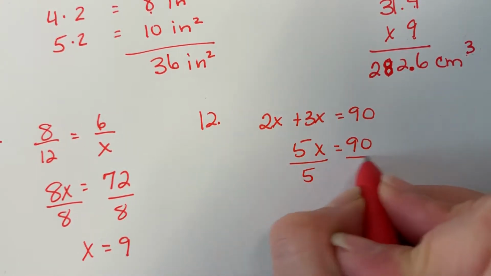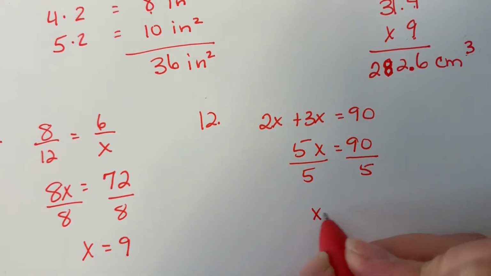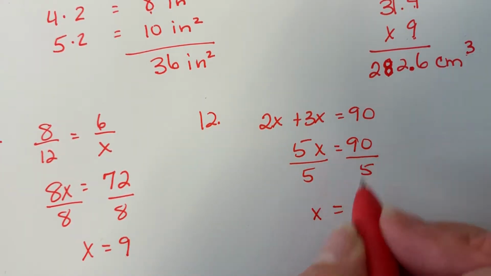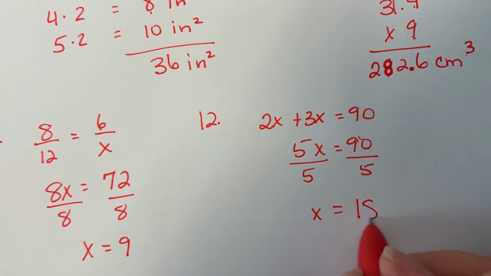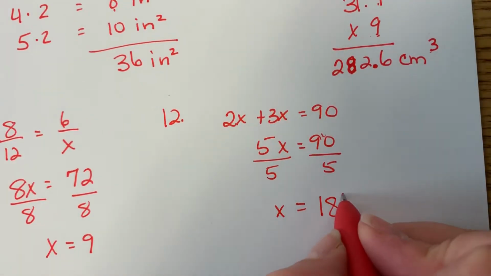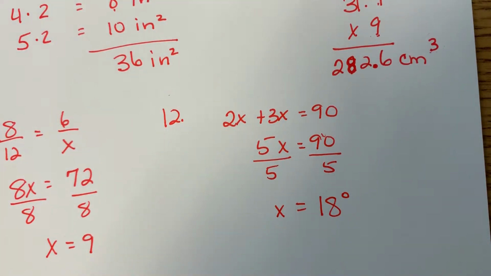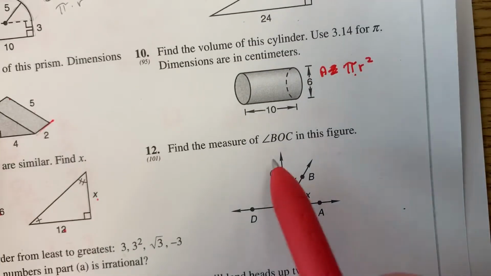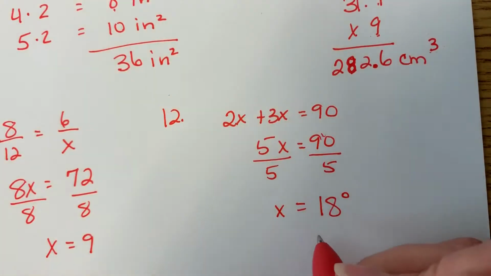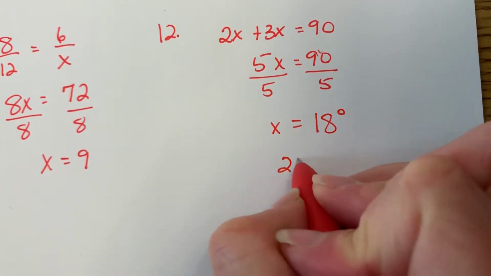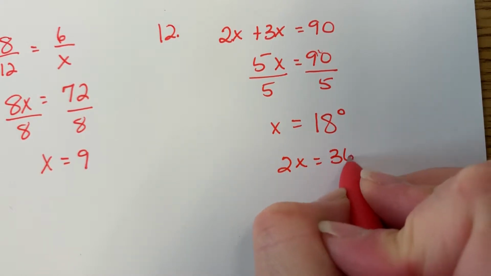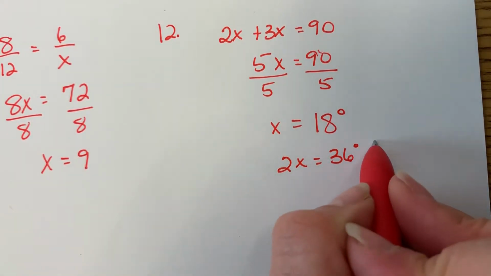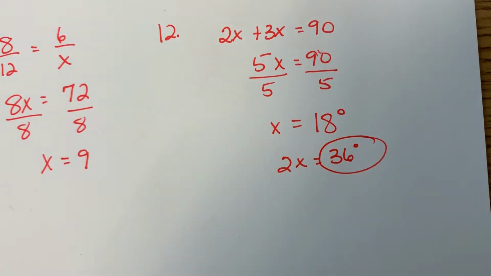Divide both sides by 5, and we get x equals 5 goes into 9 one time with 4 left over, 5 goes into 40 8 times. X is 18 degrees. Now, we're not just solving for x, we need this angle BOC. That's 2 times x. So we need to know what 2x is. So 18 times 2 is 36 degrees. So this is our answer.